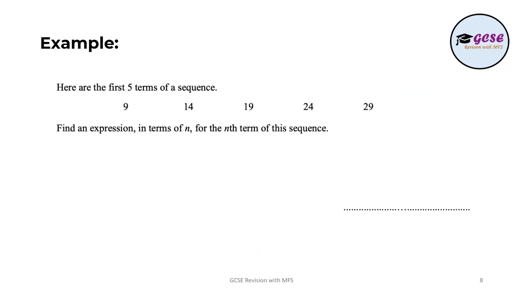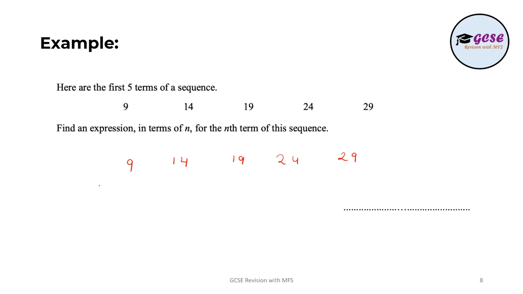Find an expression in terms of n for the nth term of this sequence. So 9, 14, 19, 24, and 29. This is our sequence. We need to find the formula of this sequence.